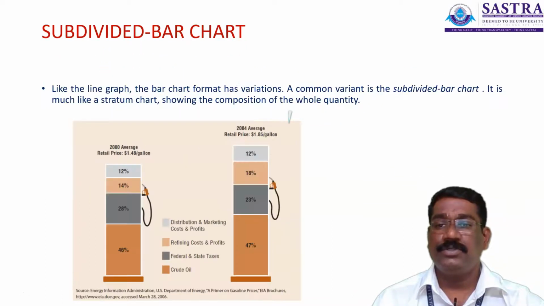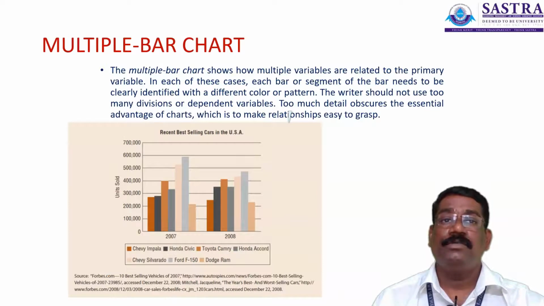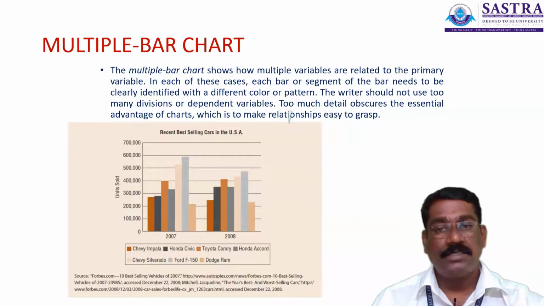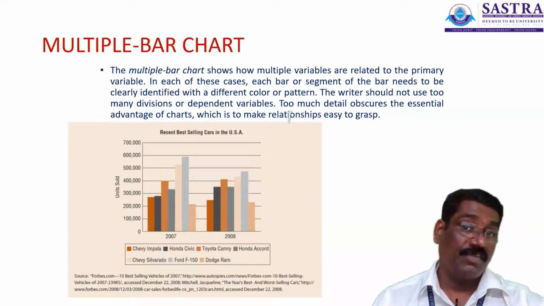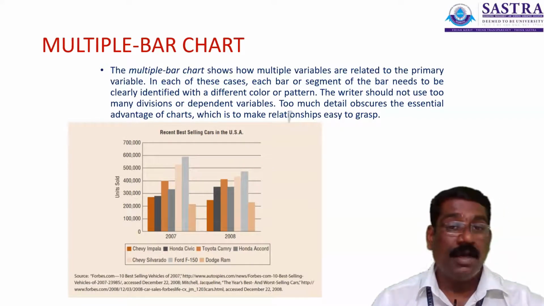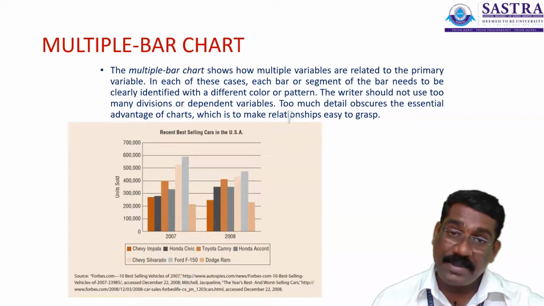I was showing you the multiple bar chart. When you talk about the multiple bar chart, it is a good one. You can see this here. The multiple bar chart shows how multiple variables are related to the primary variable. In each of these cases, each bar or segment of the bar needs to be clearly identified with a different color or pattern.